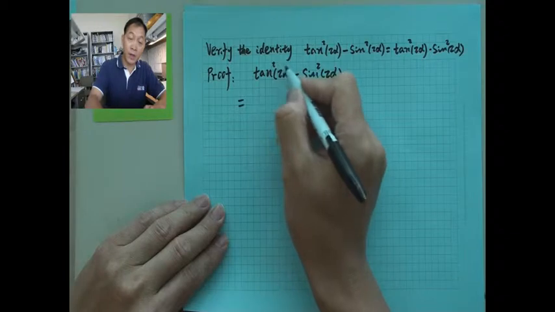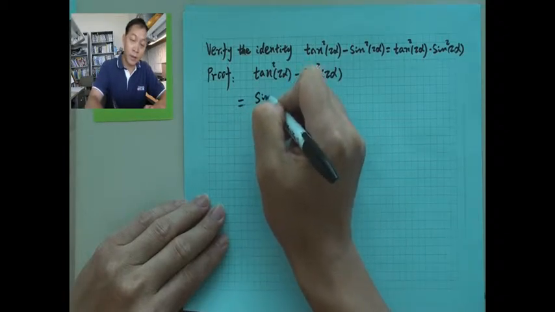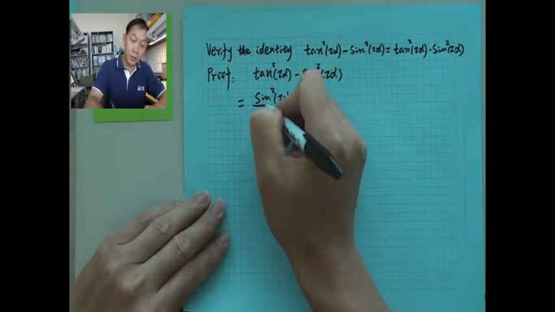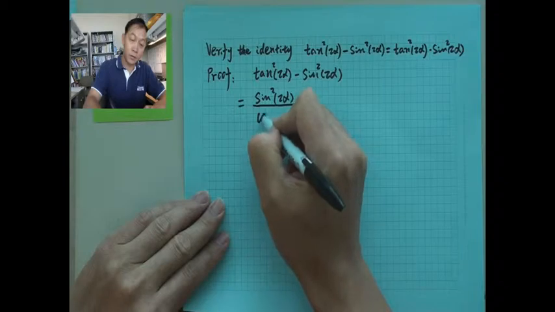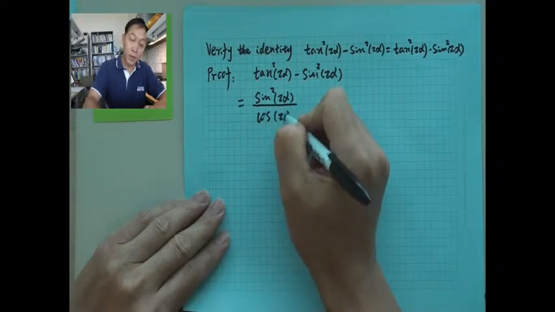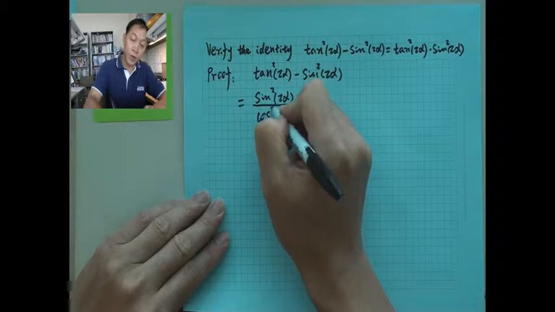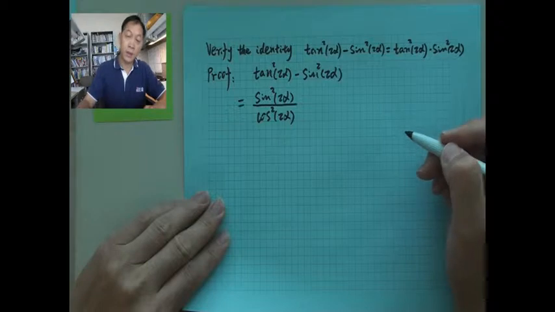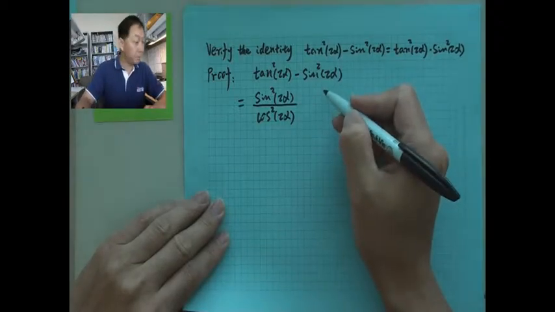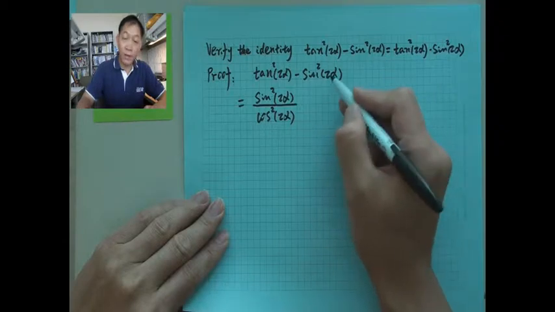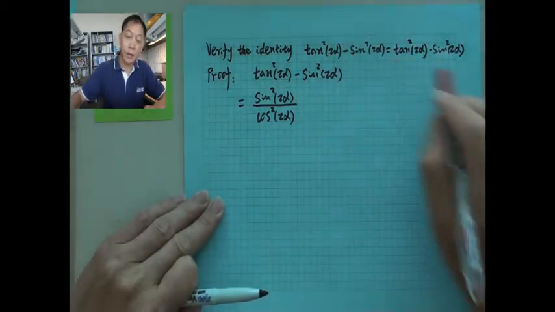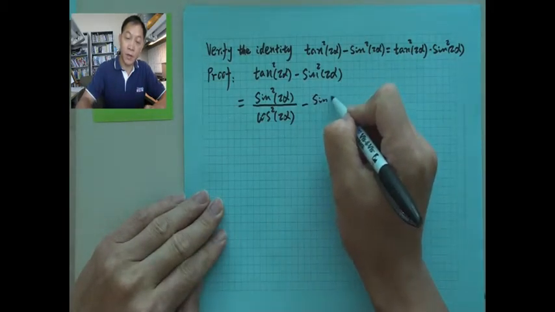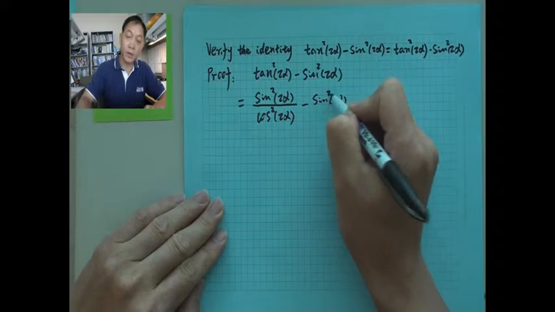Tangent 2 alpha squared is sine 2 alpha squared over cosine 2 alpha squared. That's tangent. Okay? And then you have a 1 here minus, so you may just put minus here, sine 2 alpha, and then squared.